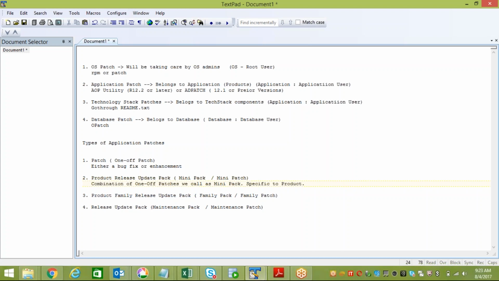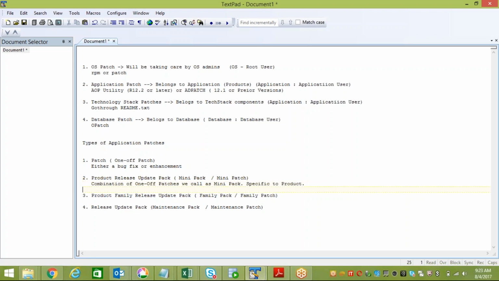Mini packs are specific to the product. So if you are applying an AP mini pack, you should assume everything happening is for AP only, either bug fixes or enhancements. And if you are applying an AR mini pack, the file system will be updated by this AR product patch.